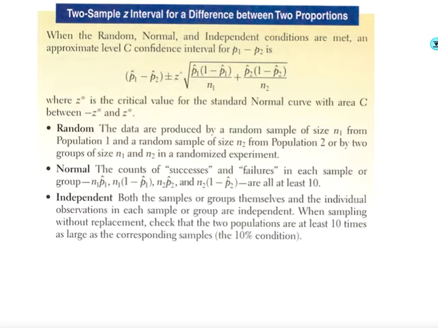You would check random: the data are produced by a random sample of size N1 from population 1 and a random sample of size N2 from population 2, or by two groups of size N1 and size N2 in a randomized experiment.